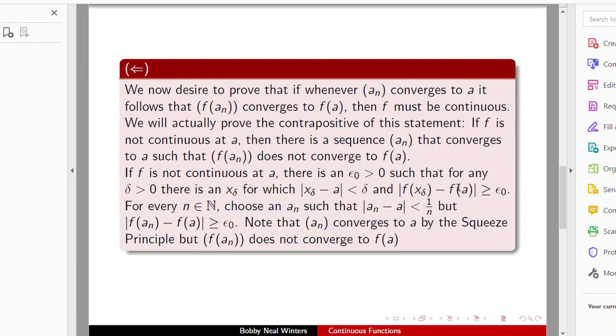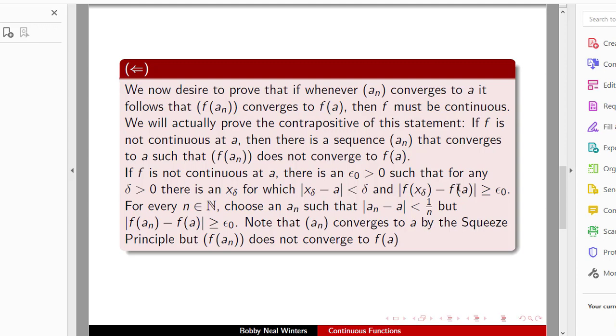Okay, let's now go the other direction. We now desire to prove that whenever the sequence a(n) converges to a, it follows that the sequence f of a(n) converges to the point f of a, then f must be continuous.